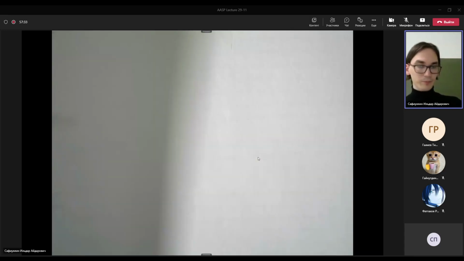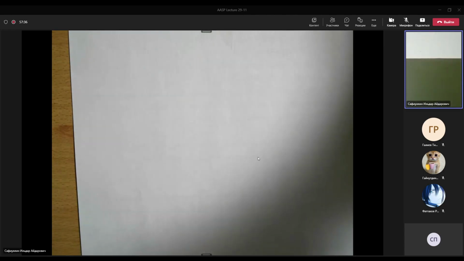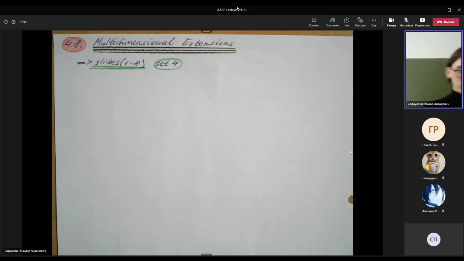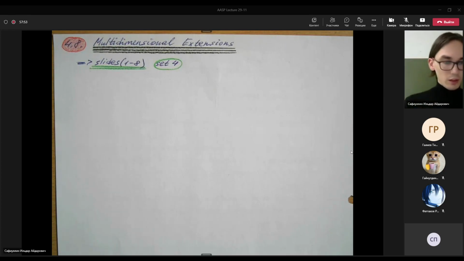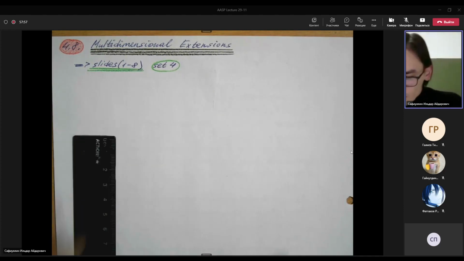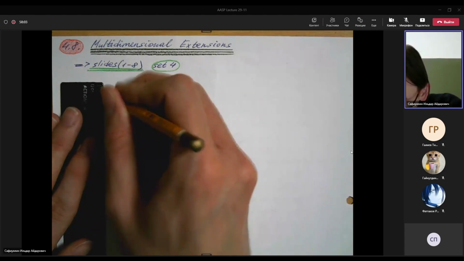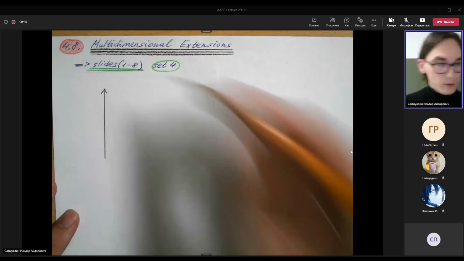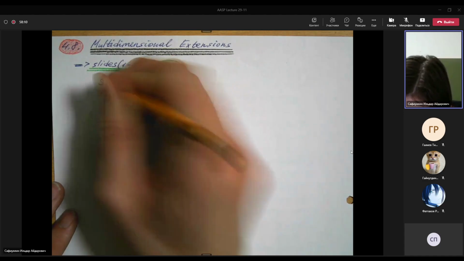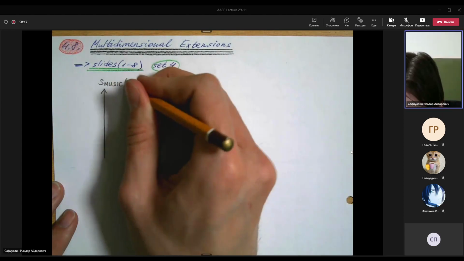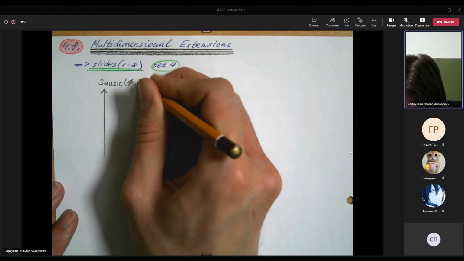So for simplicity, instead of X and Y, we need to use a three-dimensional picture, where the z-axis is the values of this function S, S MUSIC for phi and theta.